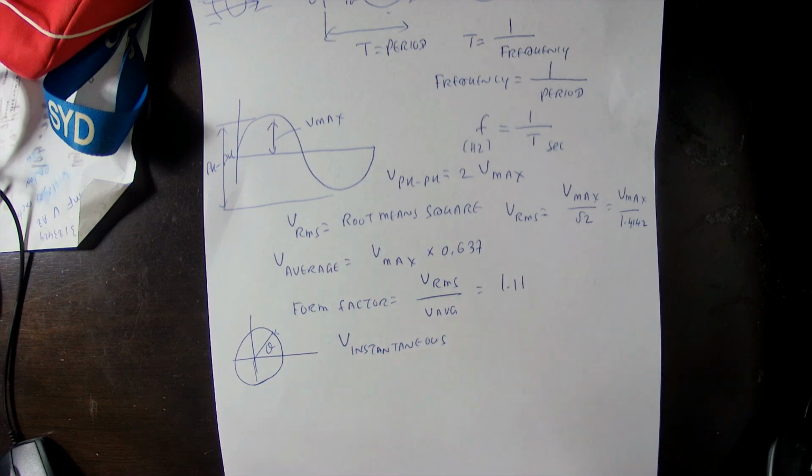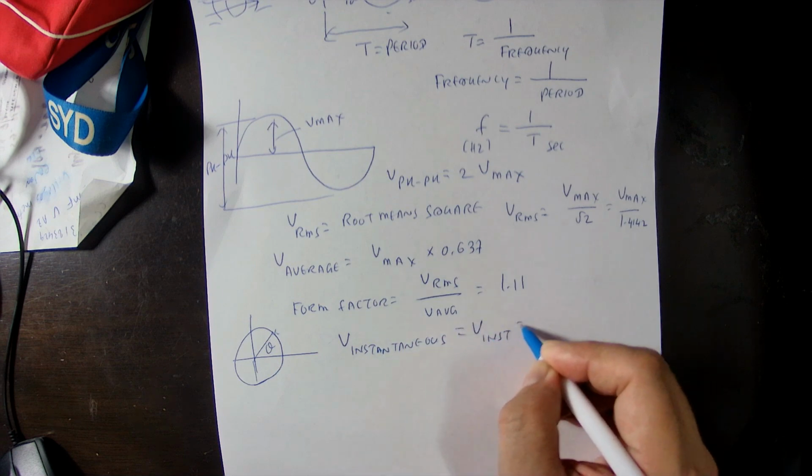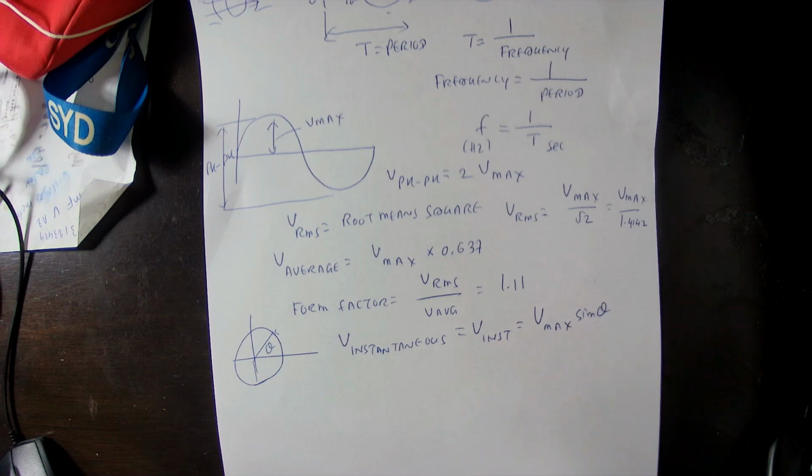V instantaneous can be calculated as V maximum sine theta. So the instantaneous value is the maximum value multiplied by sine theta. Those are the properties of the AC waveform.